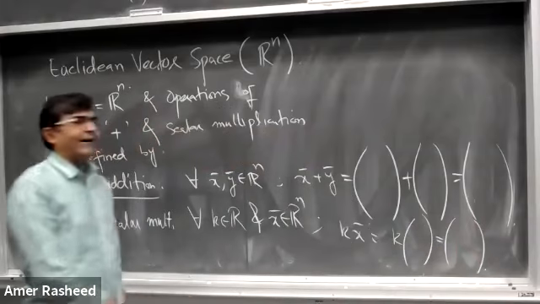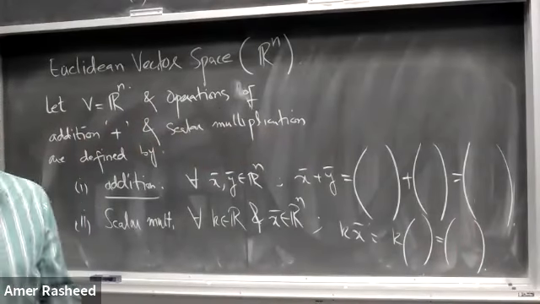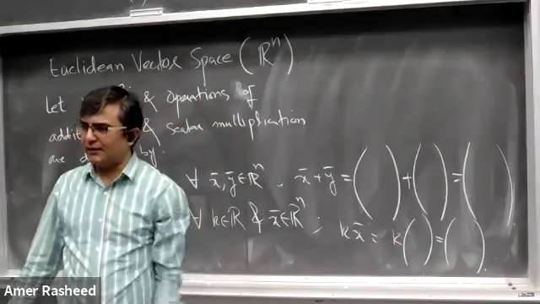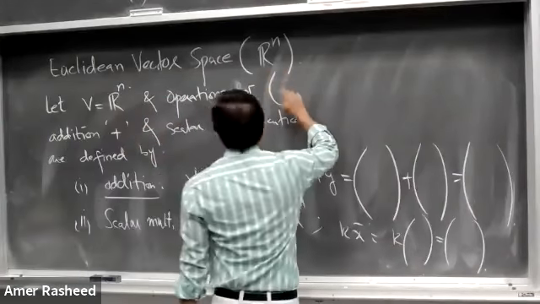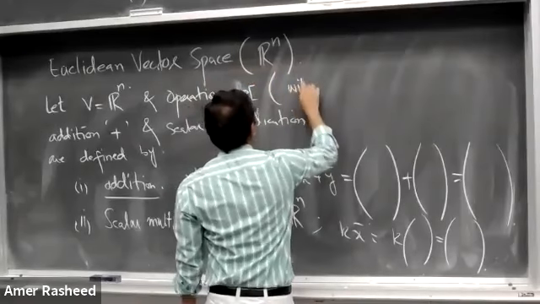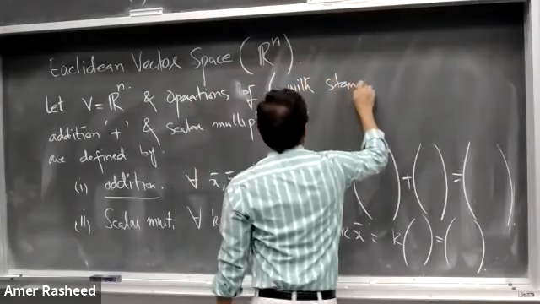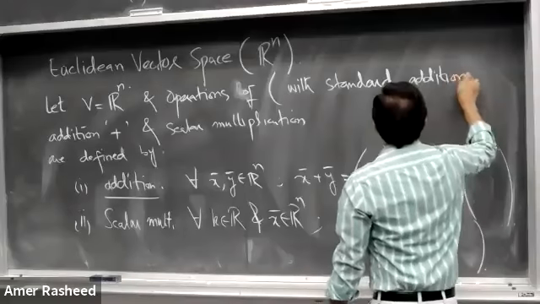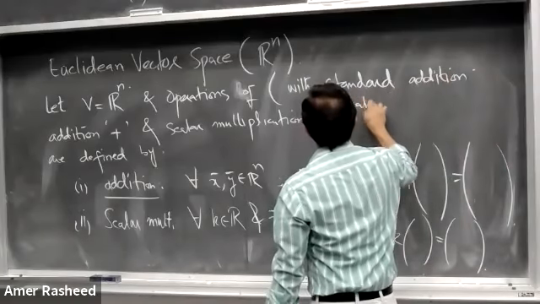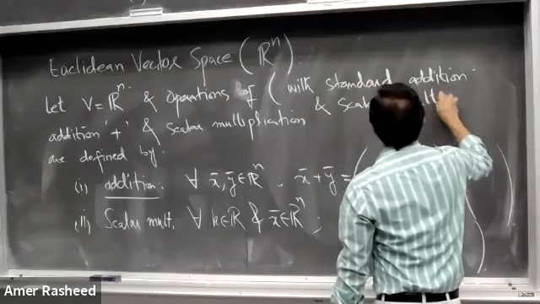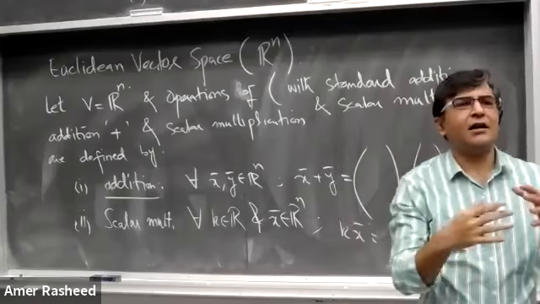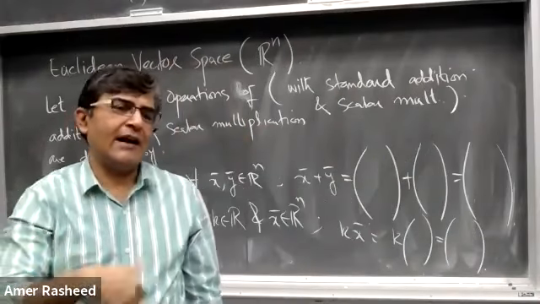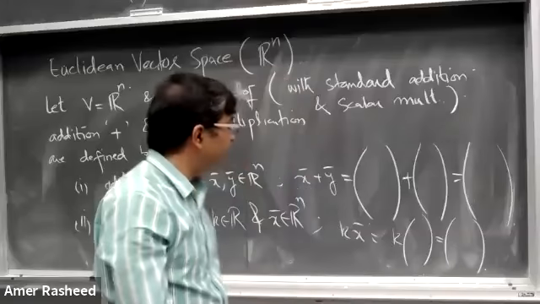These are standard. I can also say, let V be equal to Rn with the standard addition and scalar multiplication. If I say this, it obviously means the addition and scalar multiplication that we defined in the standard way are the operations.